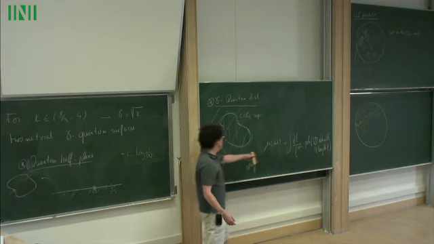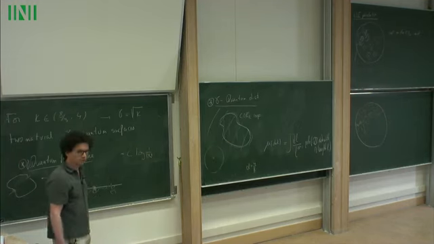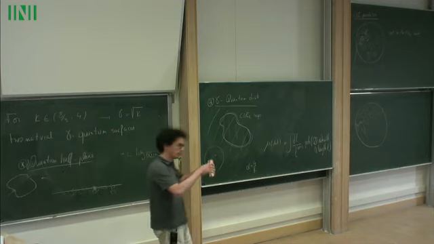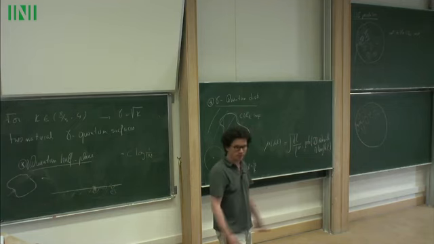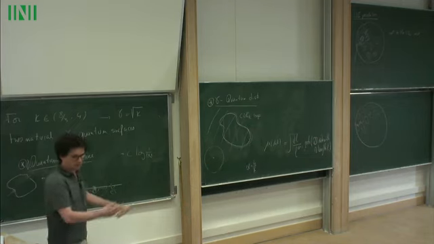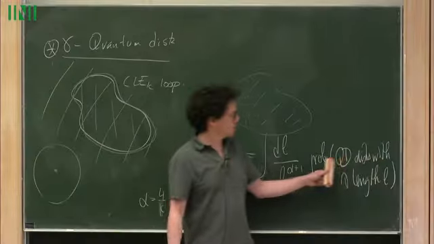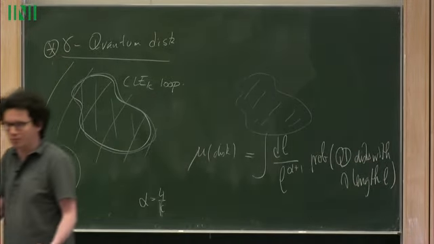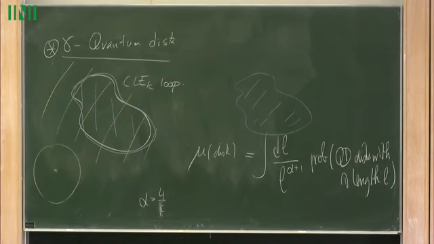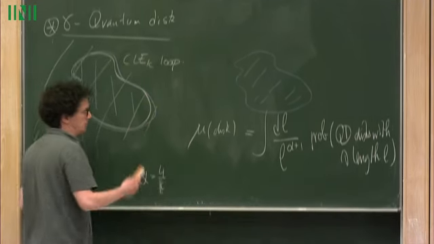You can view this infinite measure on quantum disks as first choosing the boundary length according to this infinite measure, and then choosing the object inside. And of course, the quantum disk with length L is exactly the same as the quantum disk with length 1, except that you have multiplied everything by a certain factor. So these are our two friends.